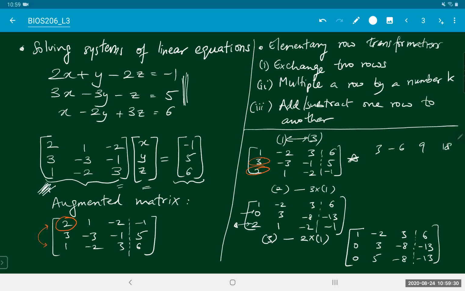And this, if I subtract from the second row, then since the 3 is over there, 3 minus 3 will become 0. So that's the reason why I'm multiplying the first row by 3 and subtracting it from the second row. But it doesn't affect the existing first row. That would remain the same.